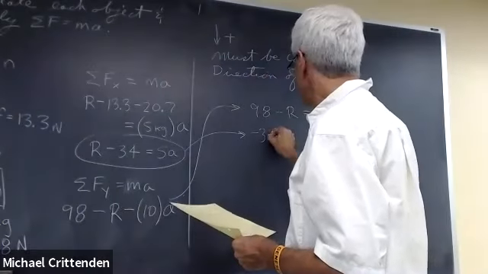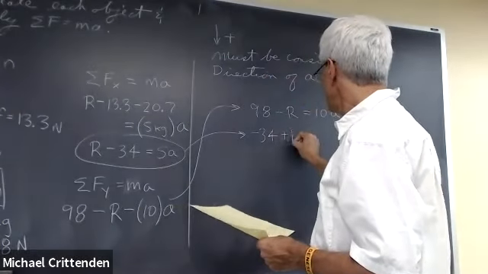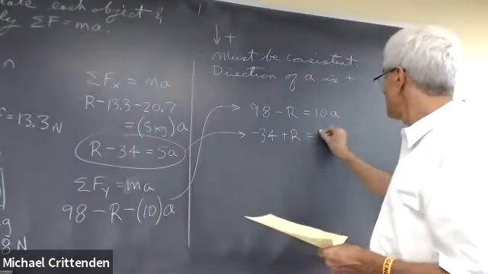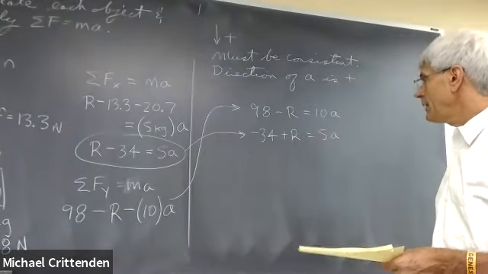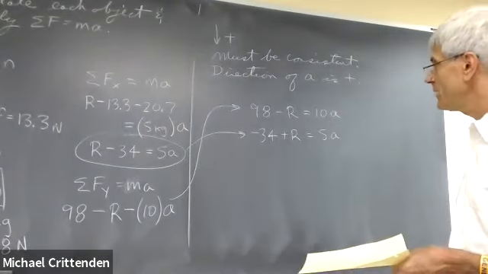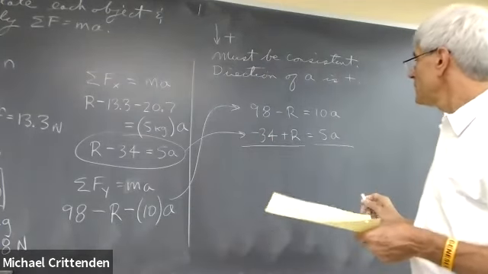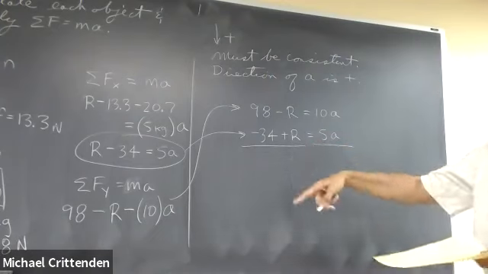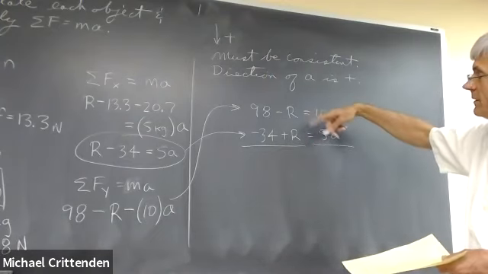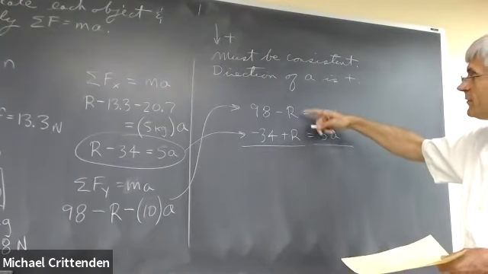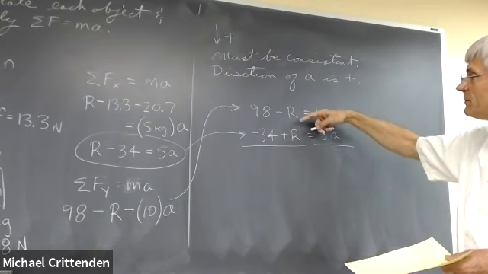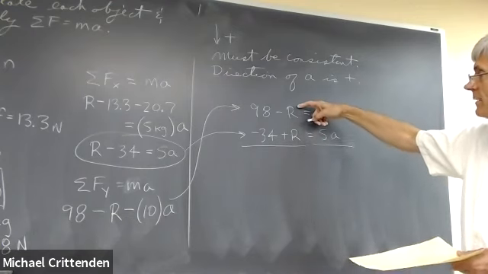Negative 34 plus R equals 5A. I mean, you could do it with the substitution method or some other way. You don't have to do it the way I'm doing it, but this is set up to do it this way, because when you add them together, R minus R cancels out.